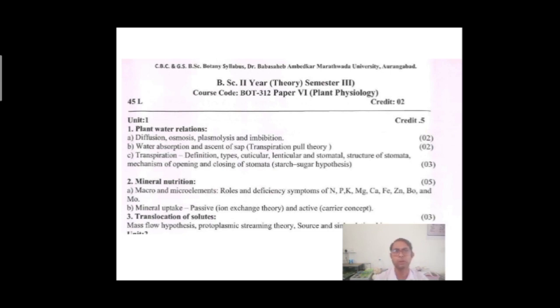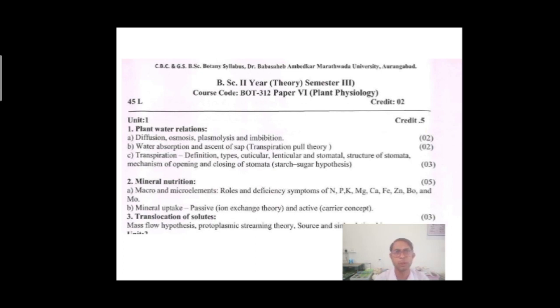So these are the different terminologies we are going to concentrate on in unit number 1, plant water relation, along with water absorption and ascent of sap. To transfer water from the roots to the plant, there are different mechanisms. These mechanisms include water absorption and ascent of sap.